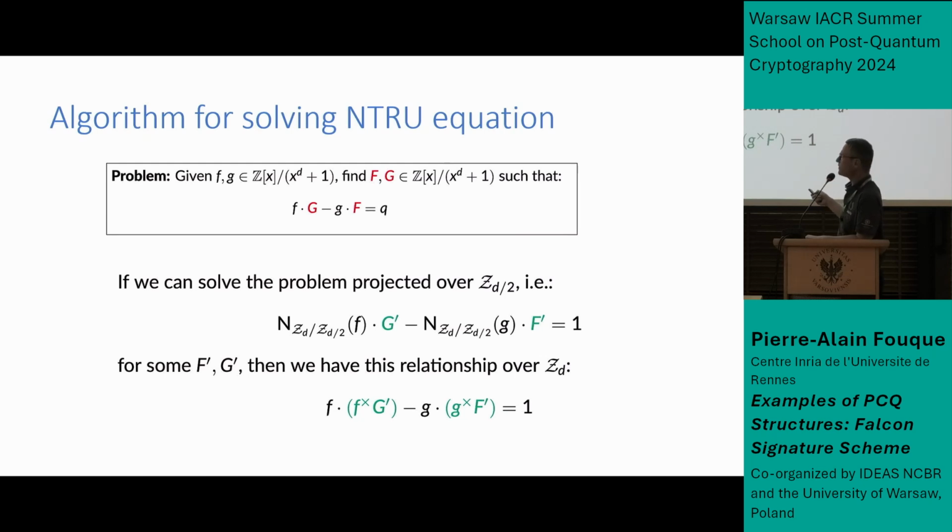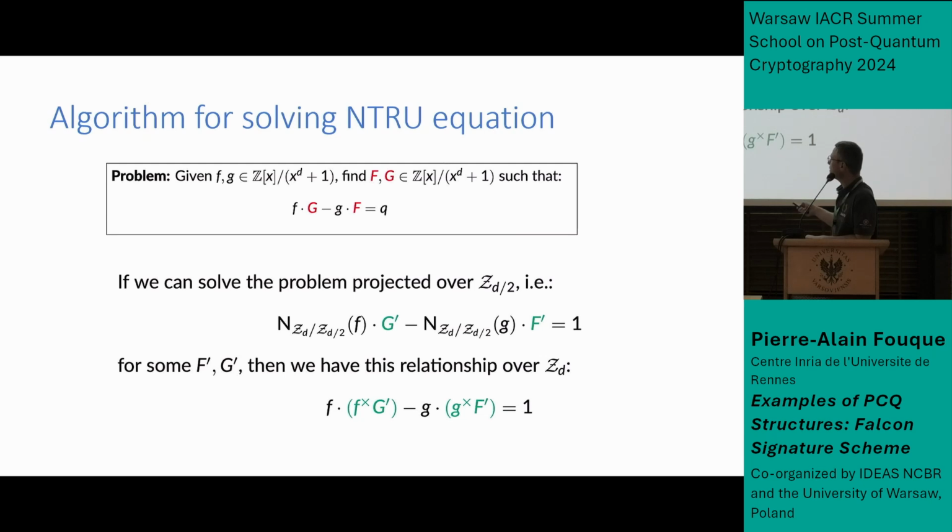So we recover capital F prime and capital G prime, and we have some values here and here, which are values in this ring. They correspond to the norm of some element. From the definition of the norm, I defined it using the field and not the ring, but it's exactly the same.